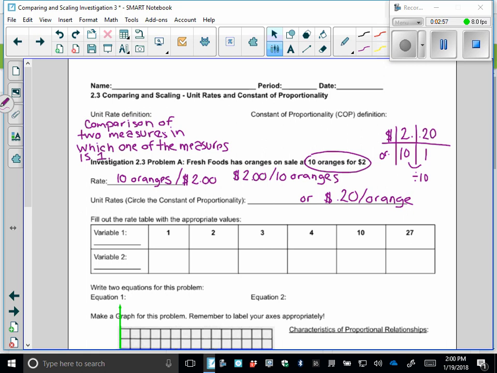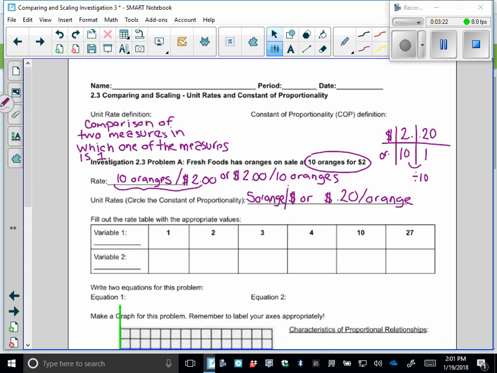So what's the unit rate per dollar? Would that be, Scarlett? Yeah. So the unit rate here is 5 oranges per $1. So we kind of have two different things. Okay? Thumbs up or thumbs down?